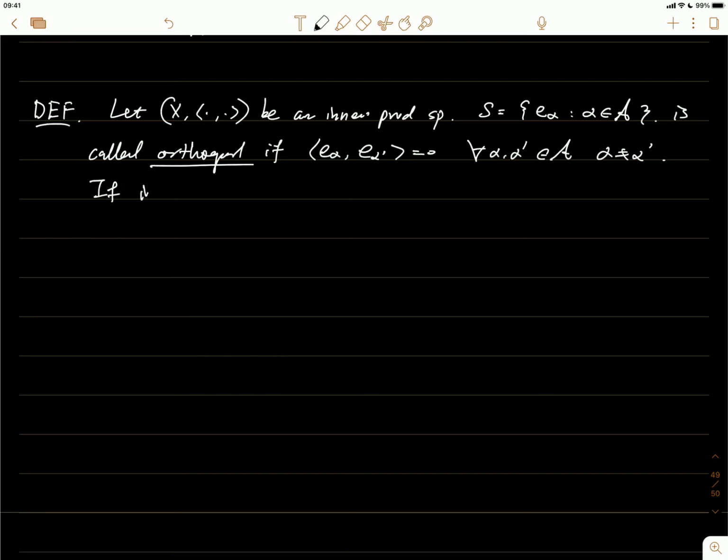If in addition each E alpha has norm 1, then we call S an orthonormal set.